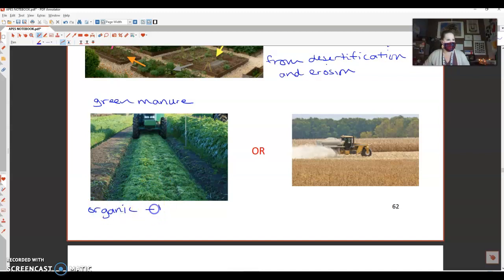All right, so this is leftover plant bits for fertilizer. Okay, or we have inorganic fertilizer that's being sprayed everywhere.